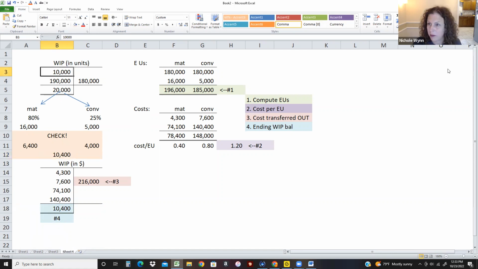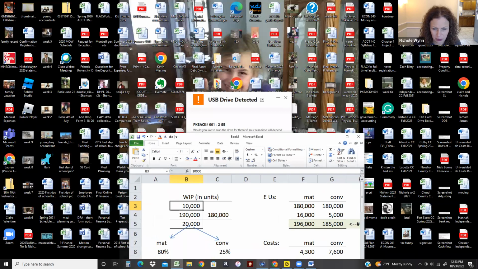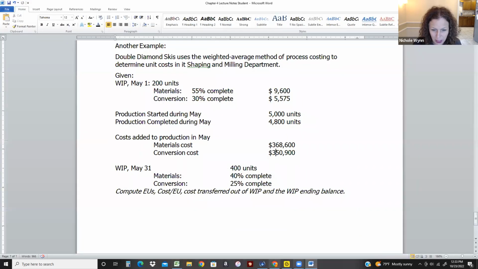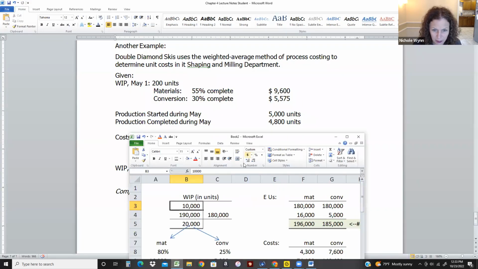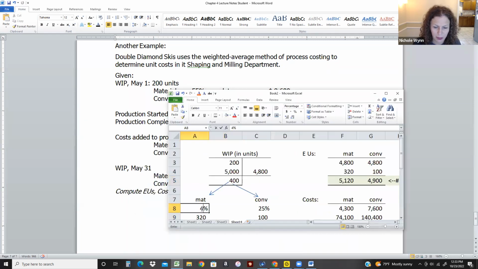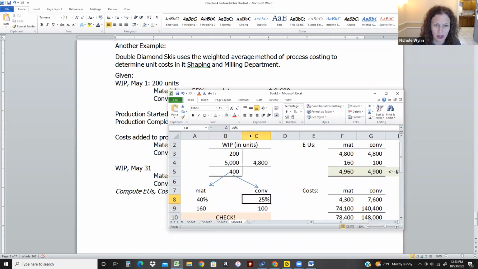And I'm going to put in my numbers. So since I set it up as formulas, it should all work nicely for me. And I'm just going to go ahead and put all of them in. So I started off with 200 units. I started 5, transferred out 4,800. So I ended with 400. Yep. And they are 40 and 25%. Is it 40 and 25? Yeah.